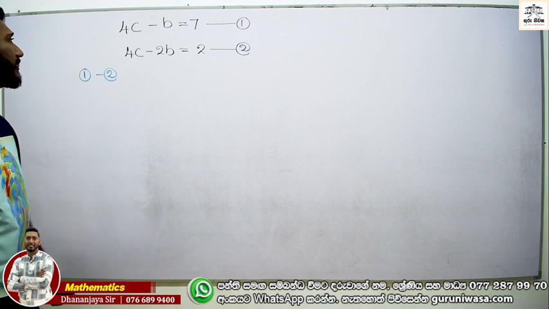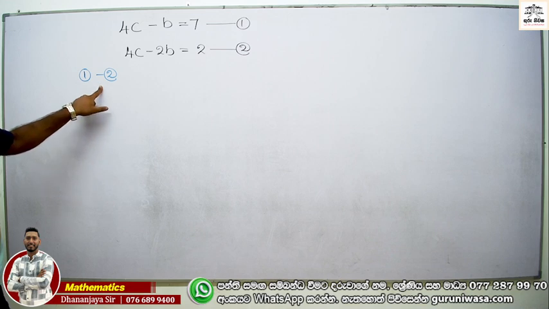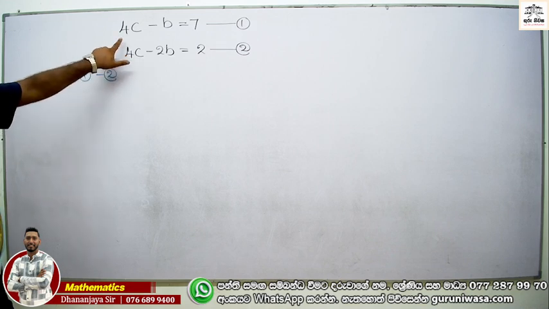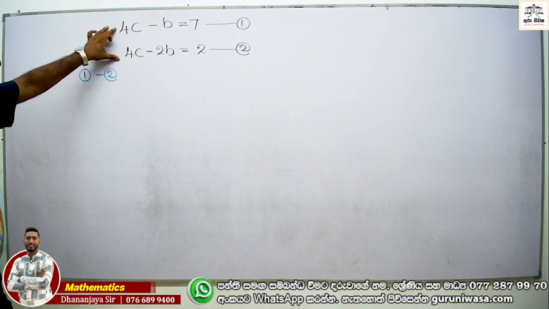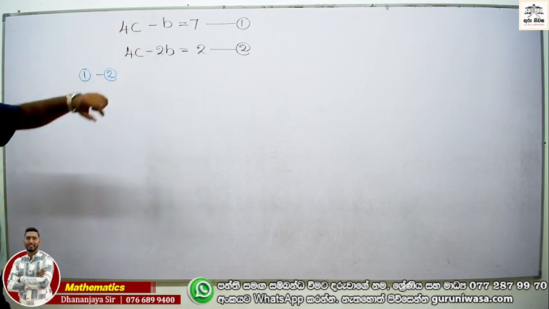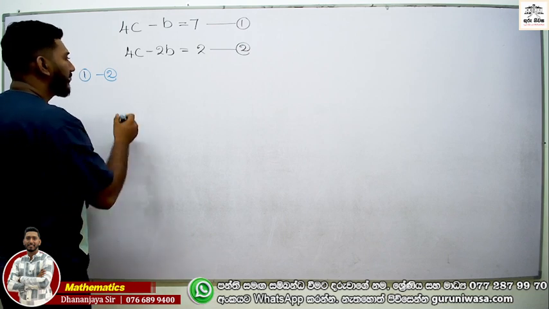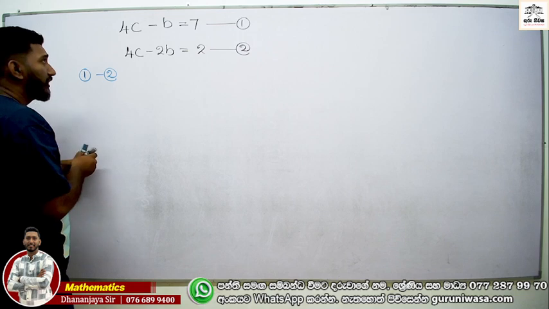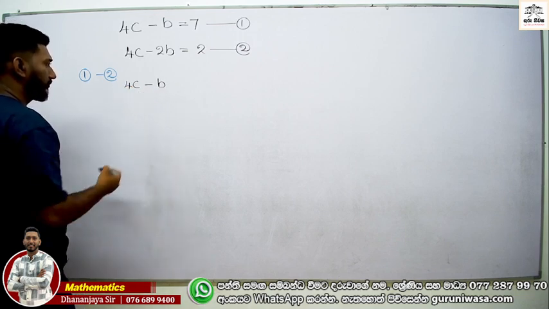And I already told you, remember the subtraction, because the coefficients of the c term are equal and the signs are the same signs. You are going to subtract. And the greatest one is equation number 1. You have to write the left hand side of equation number 1, 4c minus b.